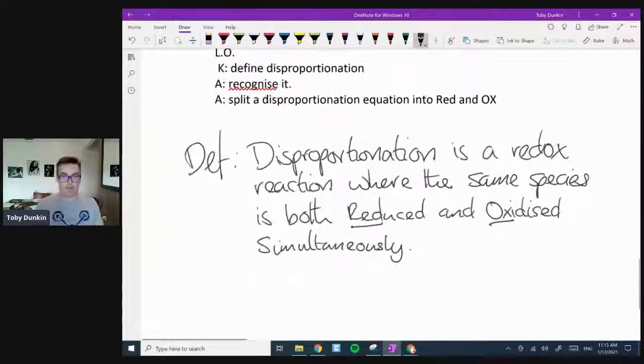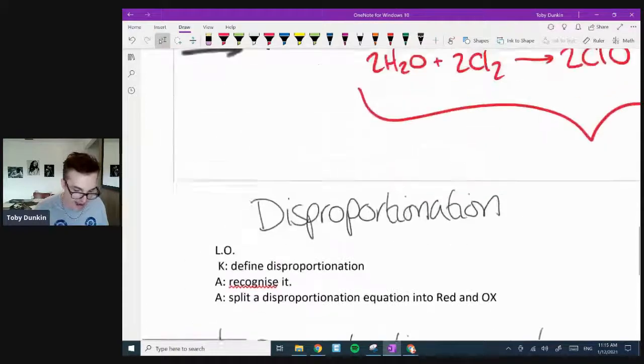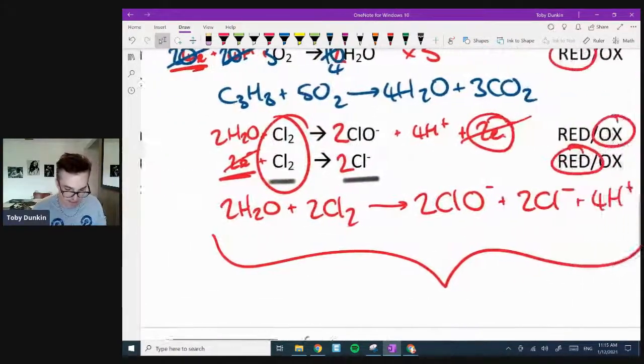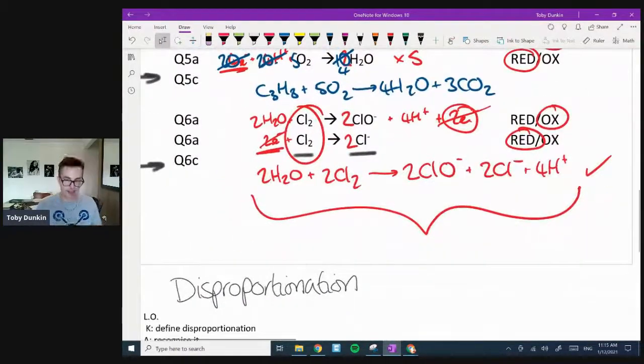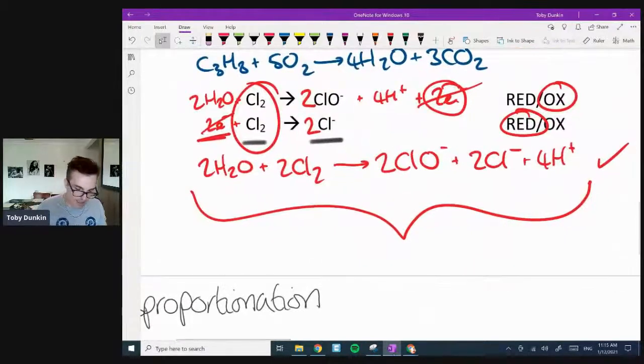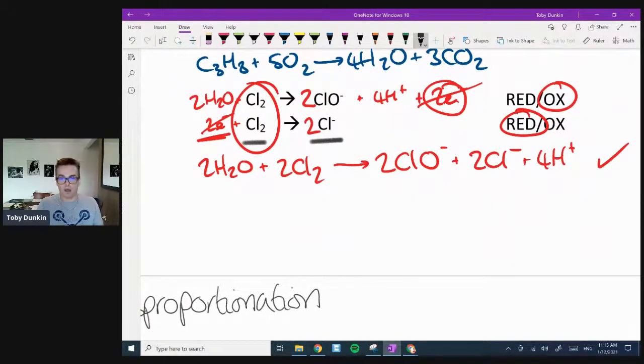So what does that look like? And what's hilarious about the worksheet was it rolled me straight into my lesson today. Because if you look at this particular equation, what you realize is chlorine is in an oxidation state here of 0 because it's an element. We know the definition of oxidation state is the charge on an atom within a compound.